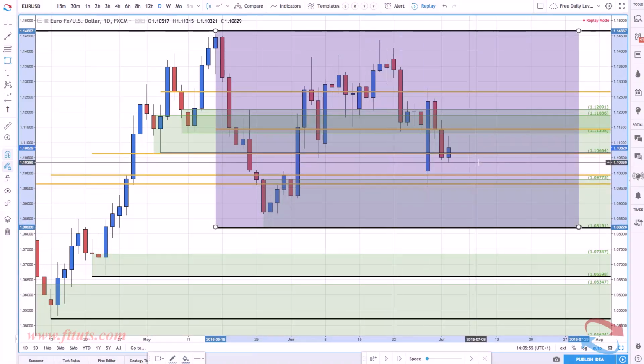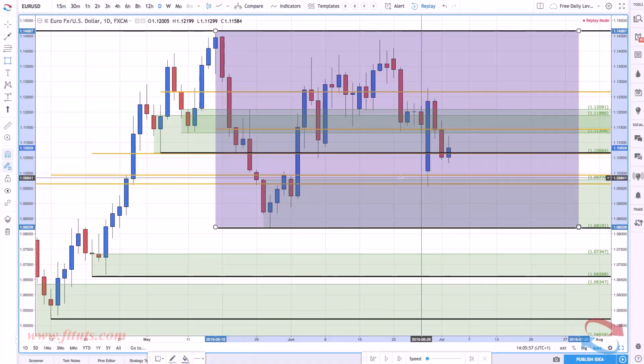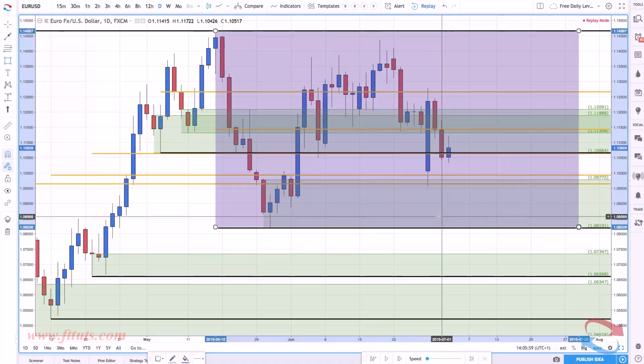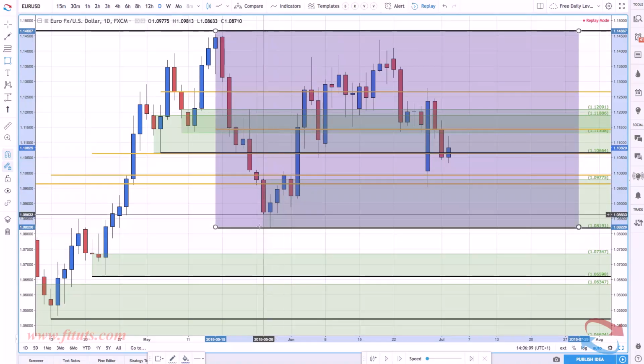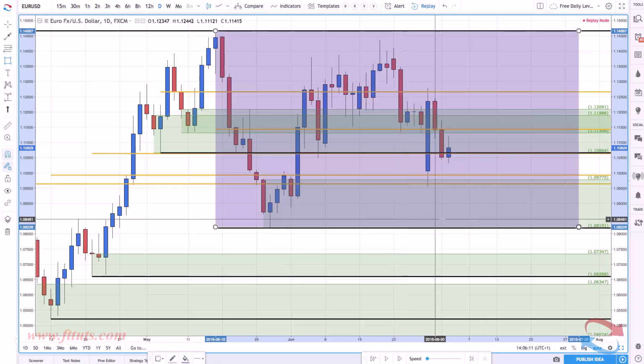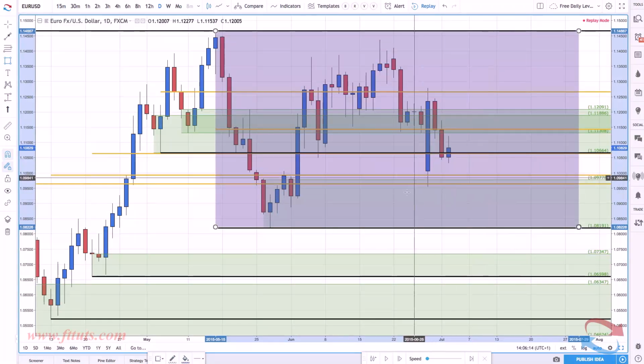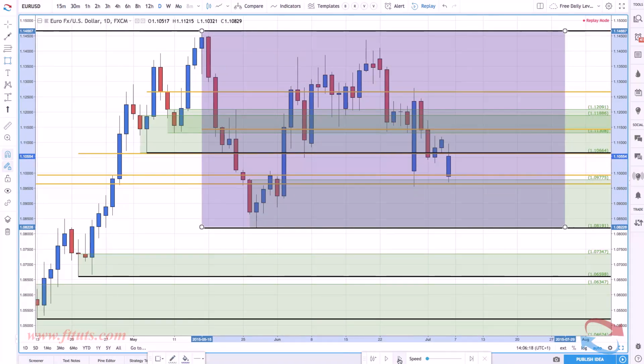We're just basically trying to put the probabilities in our favor, right? And again, the value range is just an agreed price between buyers and sellers, right? So at the moment, price is contained between the 1.146 level, and potentially this was a bargain in the past, the 1.08 level, right? So we should stay within this range until proven otherwise.